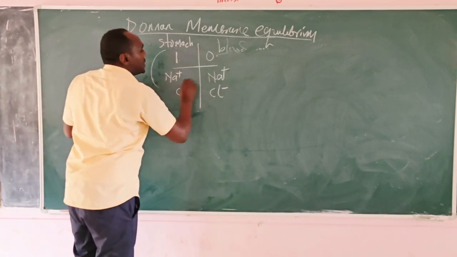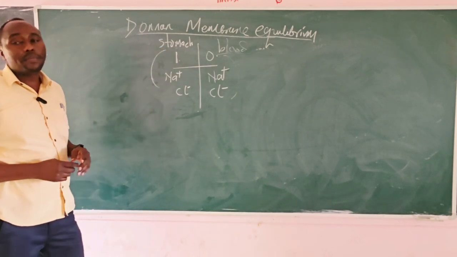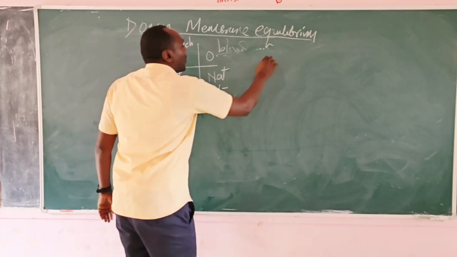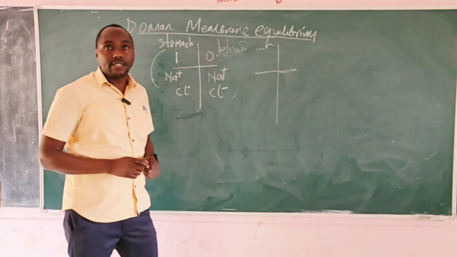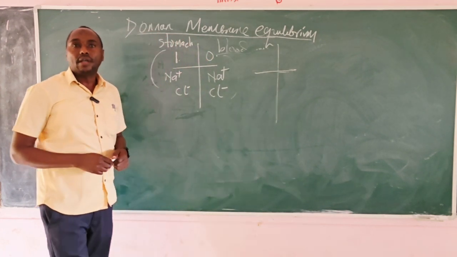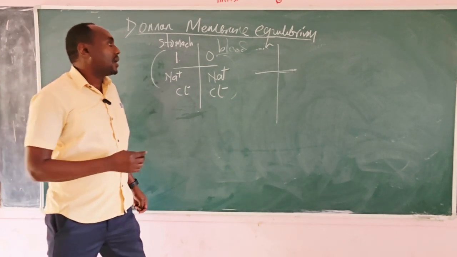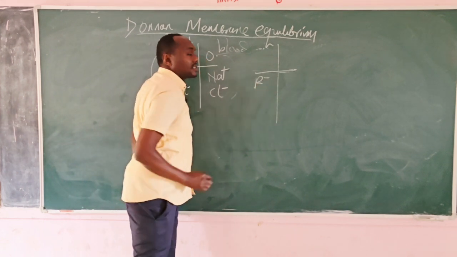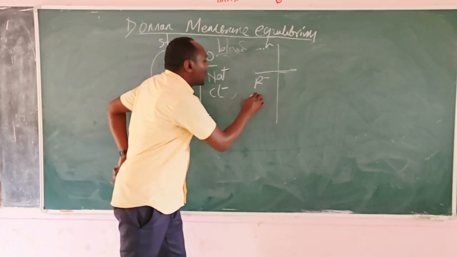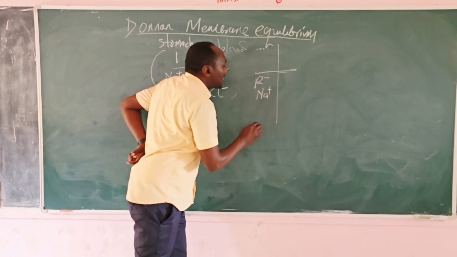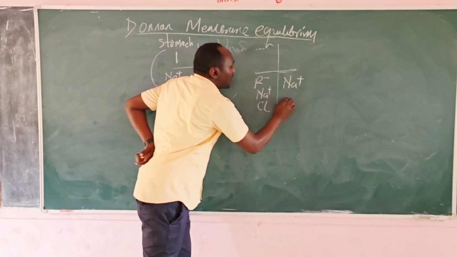So this is what is going to explain Donnan membrane equilibrium. For example, we add a polymer, which we can denote as R minus, inside the membrane, and we have sodium here and chloride here, and the sodium and chloride must balance each other.